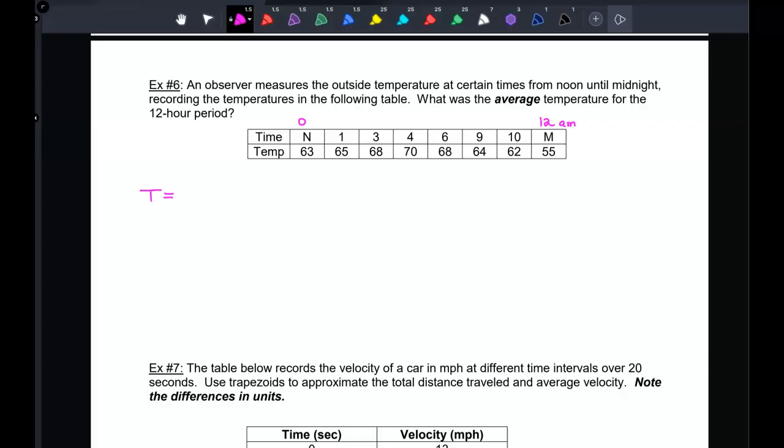So our first height is 1. It's exactly what we just did. What this is going to do is figure out the total of all the temperatures, and then we divide it by 12, because we want the average over the 12 hours.